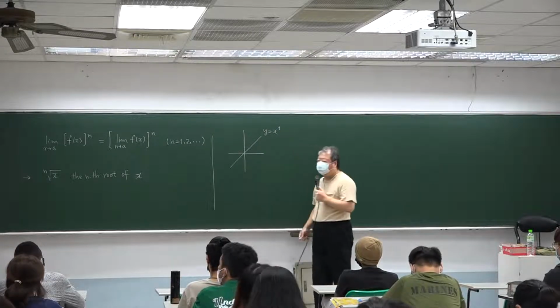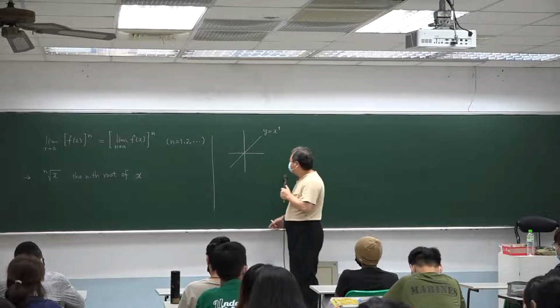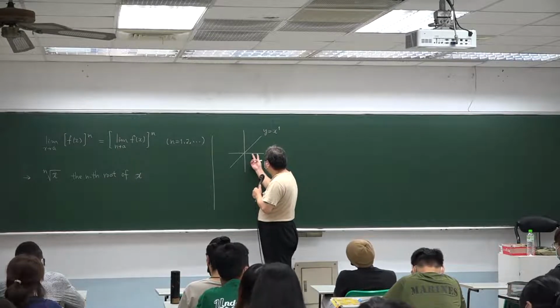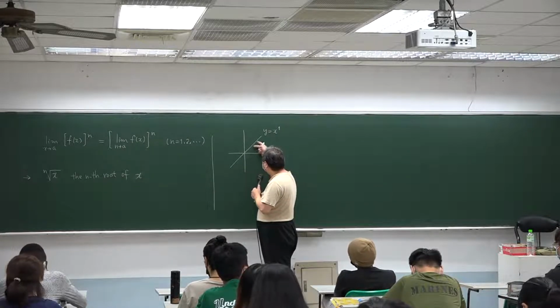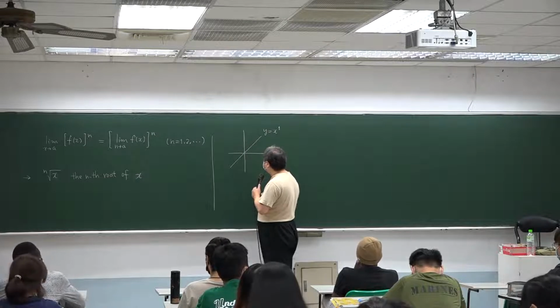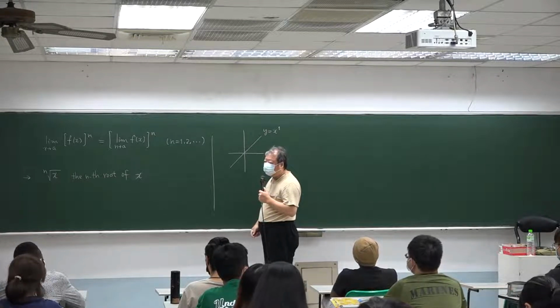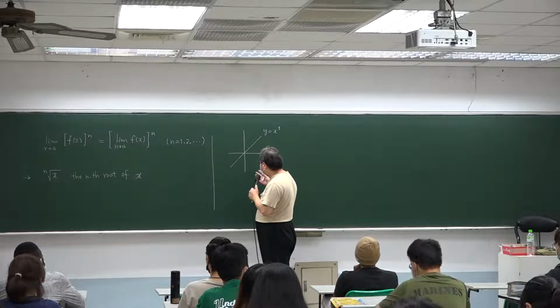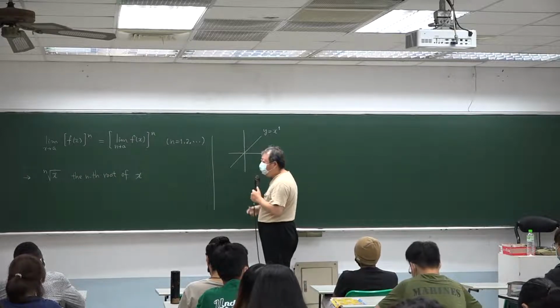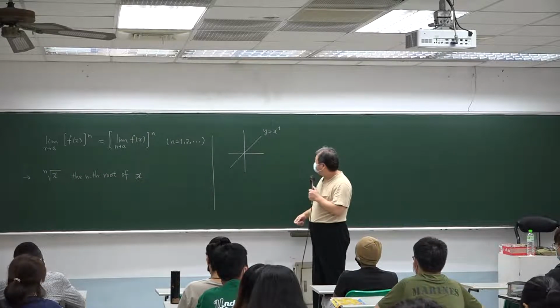This function has a property: different x give different values, because the corresponding values are different. Such a function we call a one-to-one function.